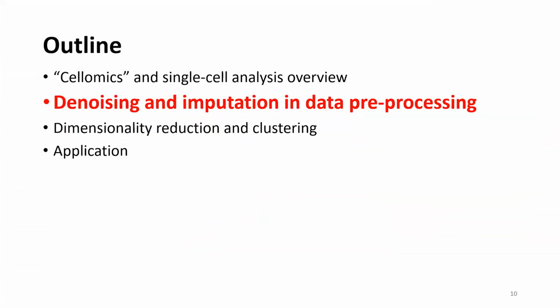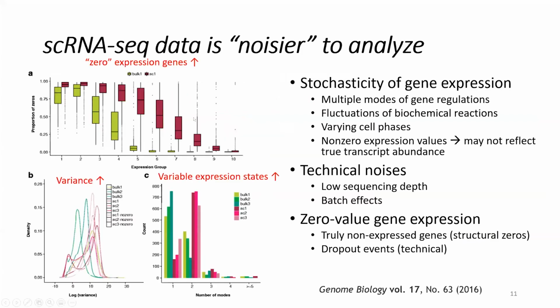Now let's talk about the denoising and imputation in the pre-processing step. So single-cell RNA-seq data is a lot noisier than bulk RNA-seq data. Here's one figure.